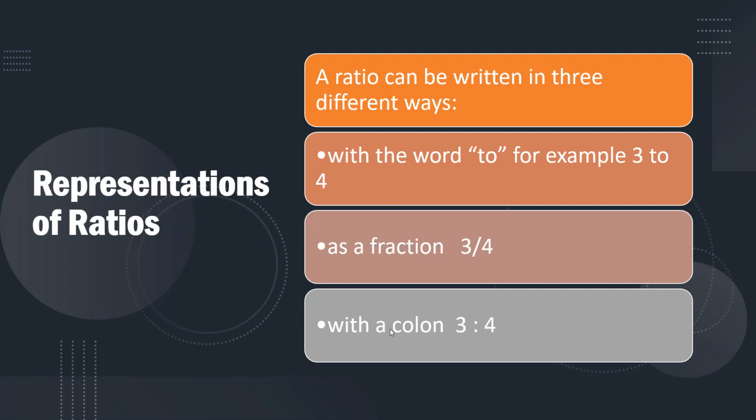Can we write it in the word form? Yes, sir. Okay. For example, 3 to 4, can we write it as a fraction? Yes, sir. Good. And what was the last way that we could write it in? You can write it on the screen.